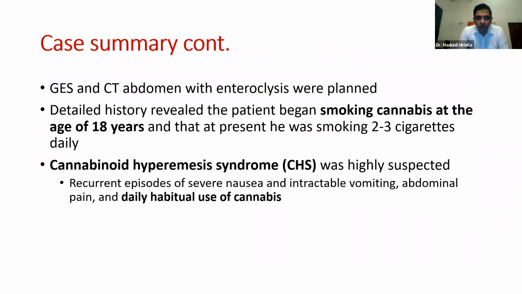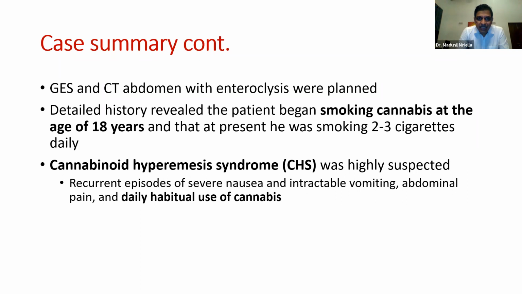So coming back to our patient, the gastric emptying scintigraphy was planned, but it was not available. We had to wait for the isotope. So we were planning an ultrasound gastric emptying study and a CT scan of the abdomen with enteroclysis to look for any small bowel disease.